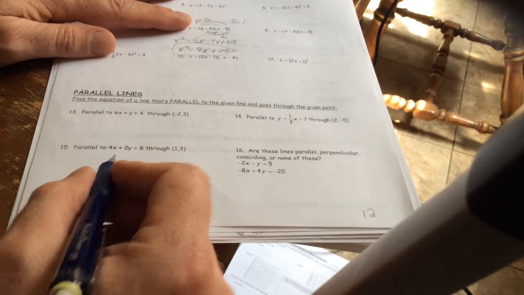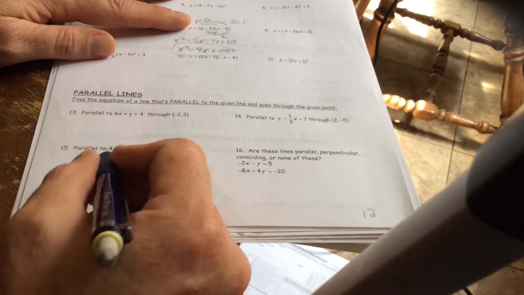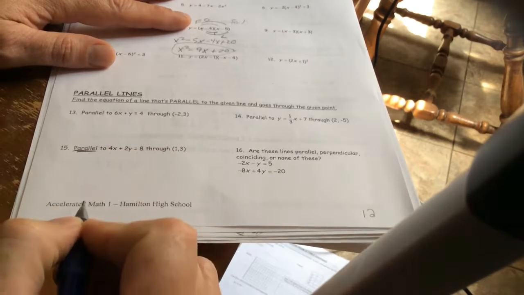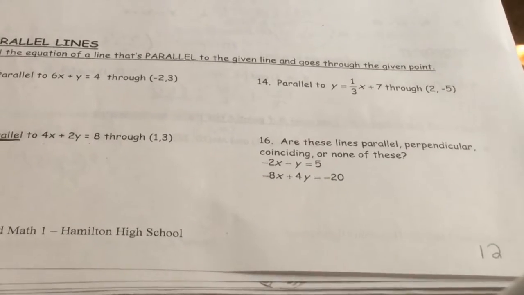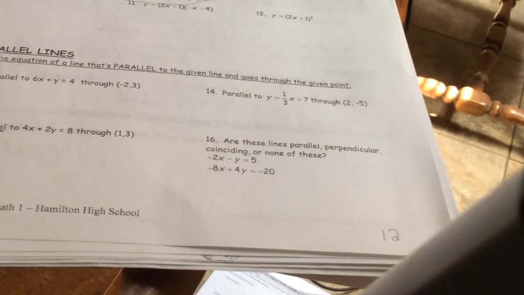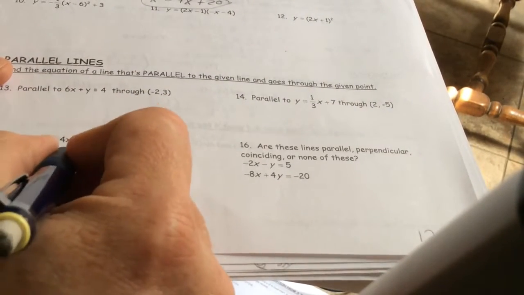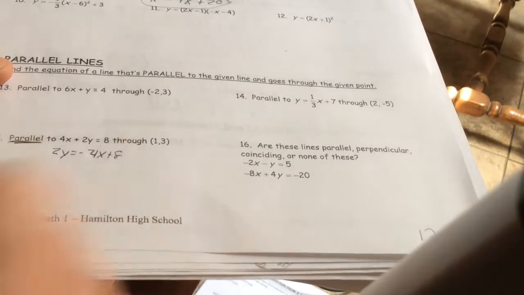So this says, give me a line parallel to this right here. If you look at it, 4x plus 2y equals 8. If it's parallel, what I need to know is the slopes, because 2 equations with the same slope are parallel. So I'm going to subtract 4x, which gives me 2y equals negative 4x plus 8.